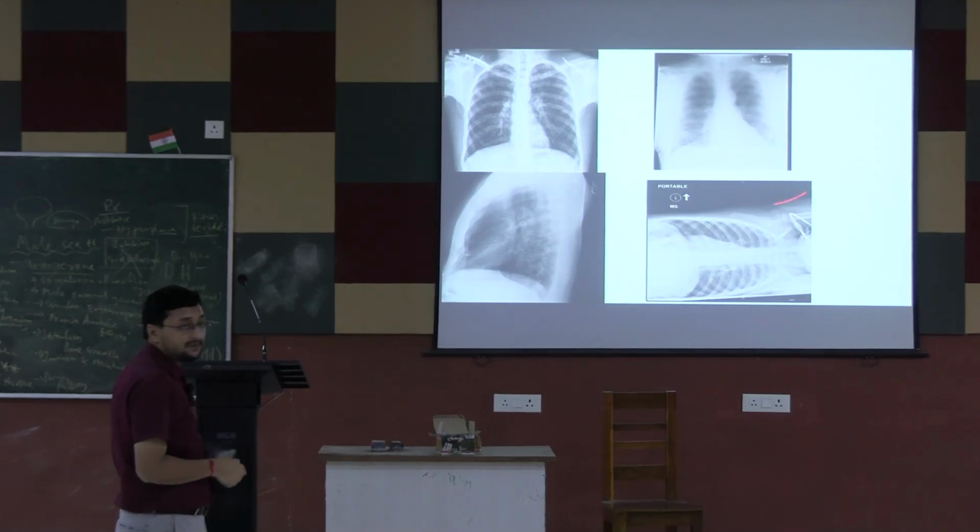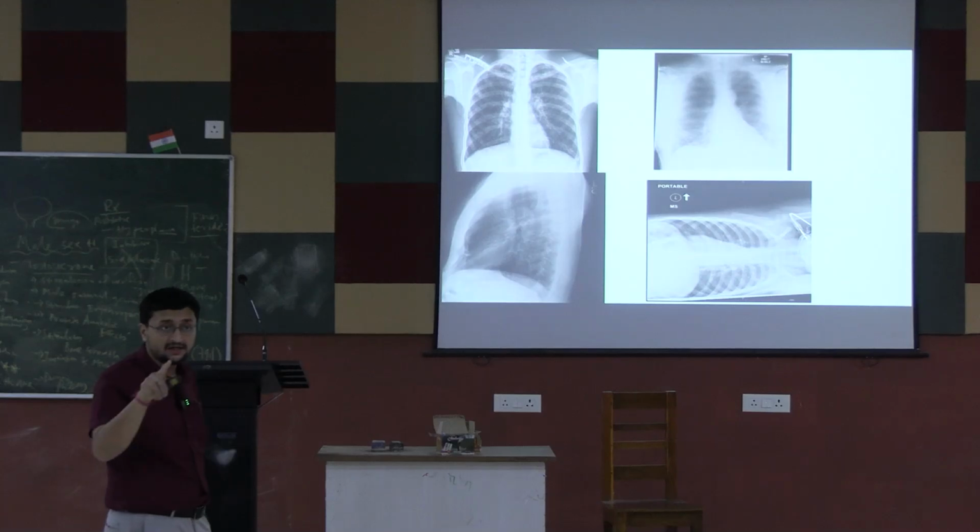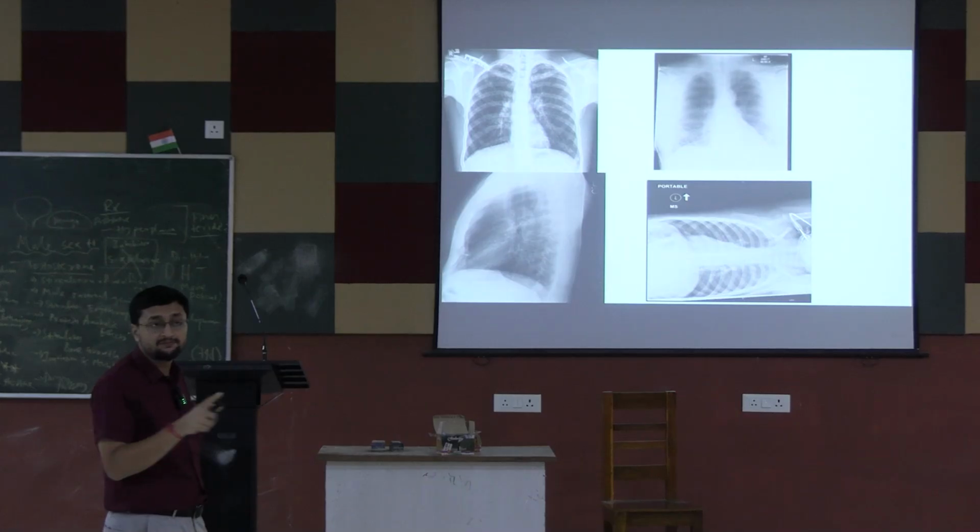And this is an AP view. So in AP view, the cardiac shadow is wider and the ribs are more or less parallel. Right? In PA view the ribs are concave and in this view ribs are parallel.